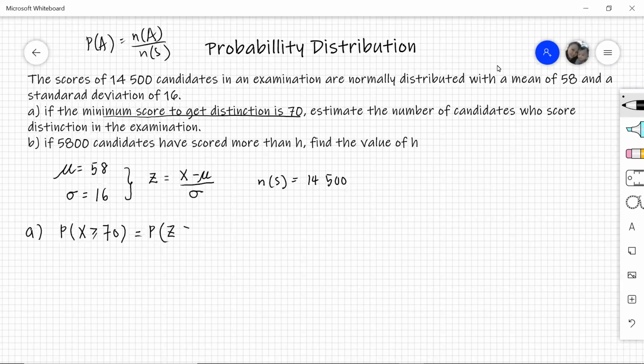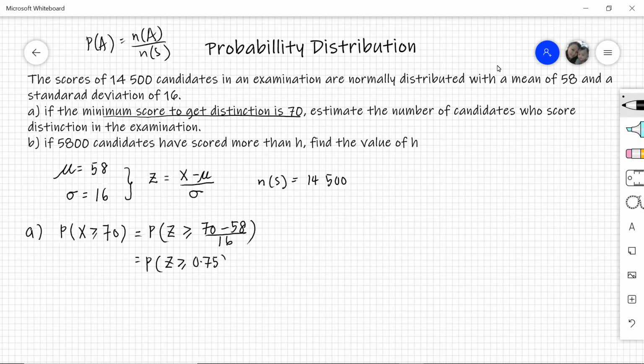So what we shall do is take 70 minus the mean, which is 58, divided by 16. Over here, we will have z greater than, you use the calculator, you get 0.75.